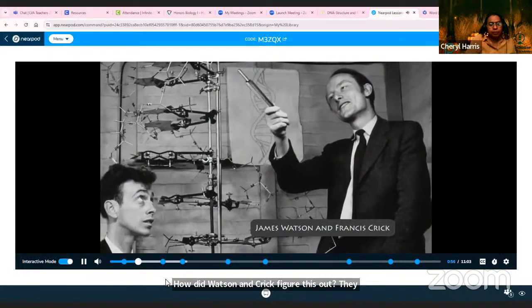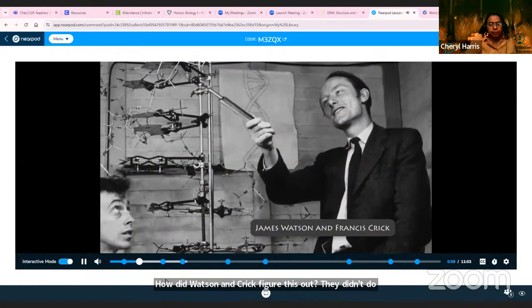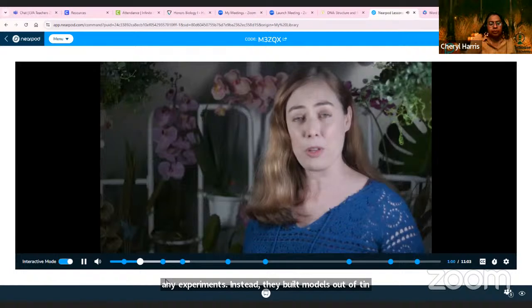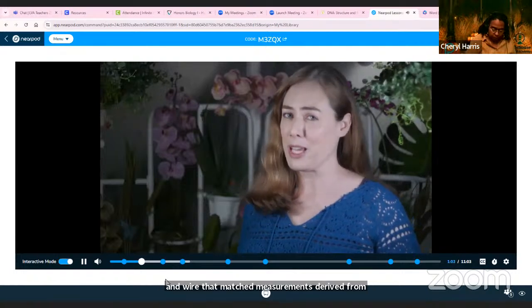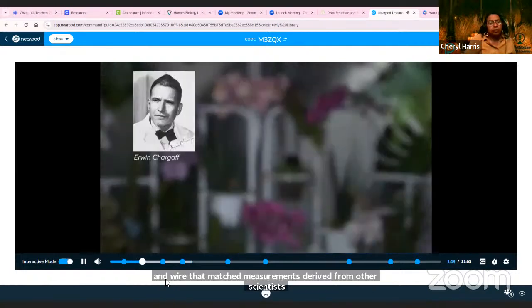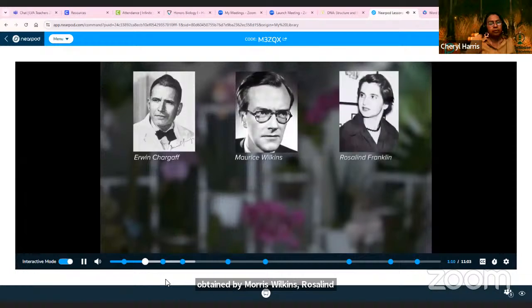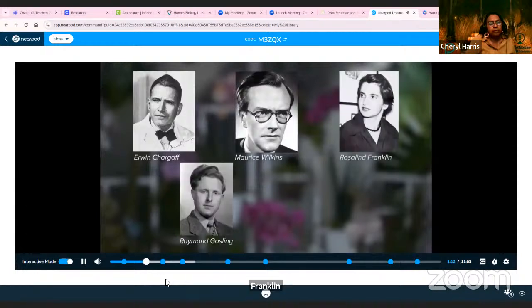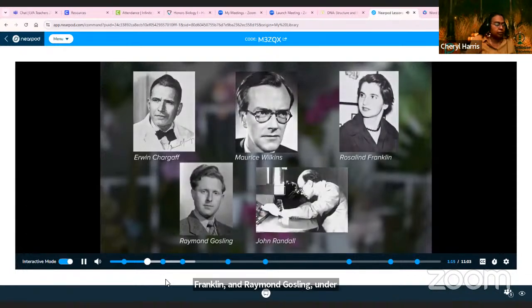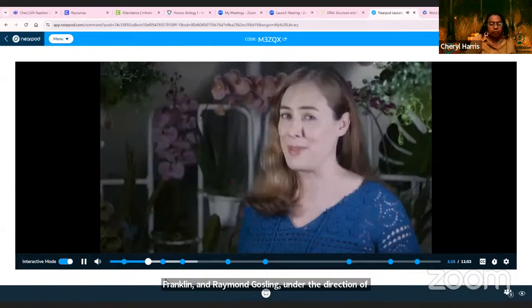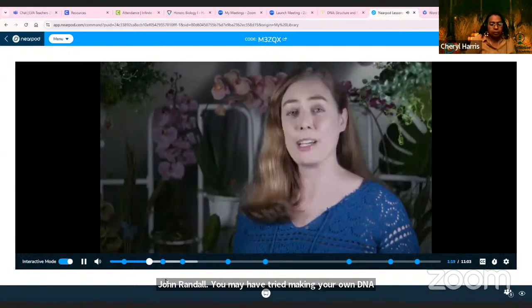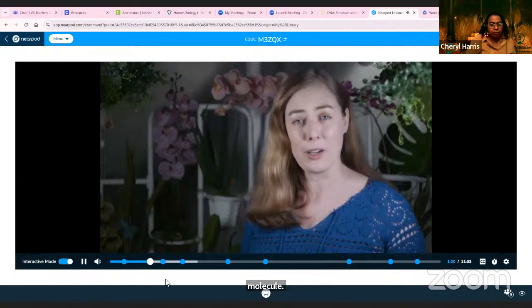Instead, they built models out of tin and wire that matched measurements derived from other scientists, including biochemical data from Erwin Chargaff and X-ray diffraction data obtained by Maurice Wilkins, Rosalind Franklin, and Raymond Gosling under the direction of John Randall.